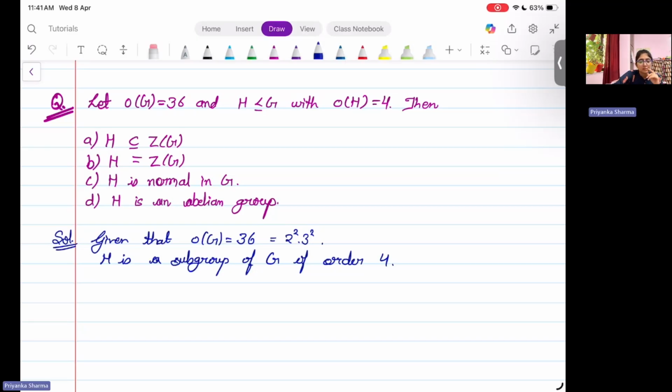Okay, so whether H is normal in G, whether H is an abelian group.